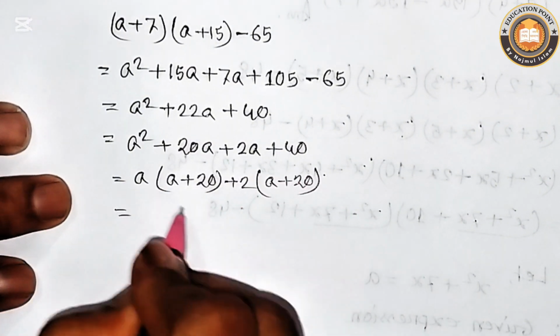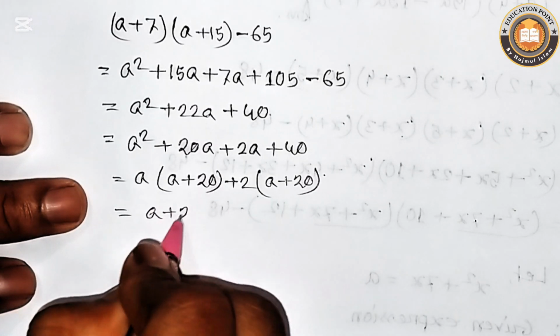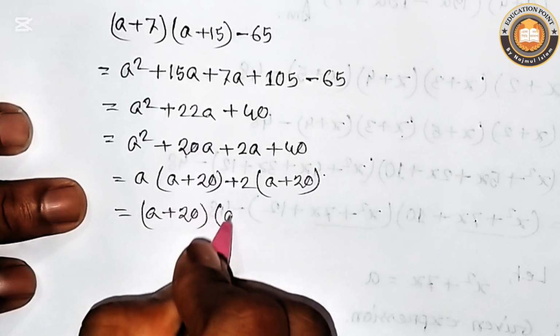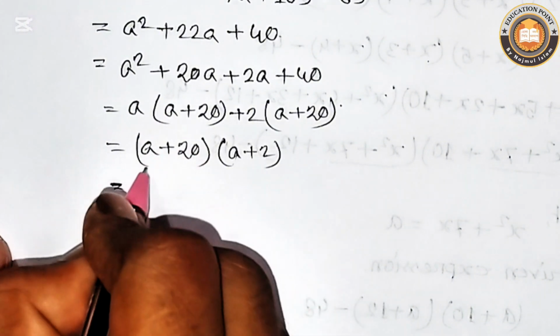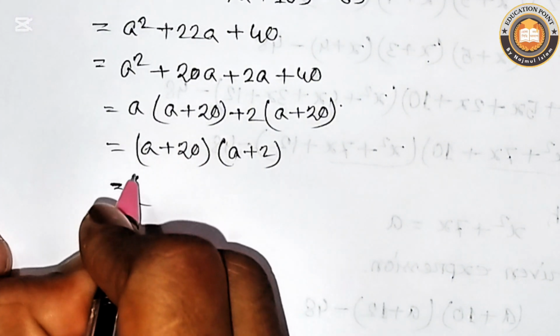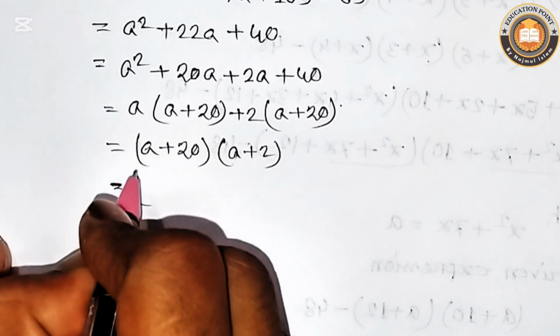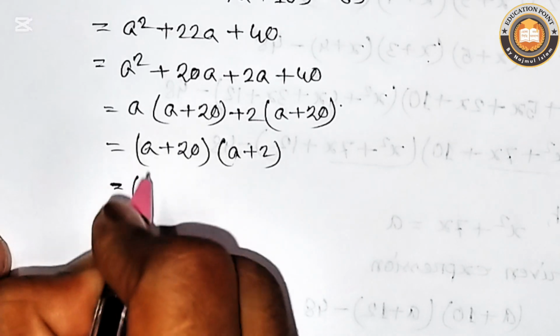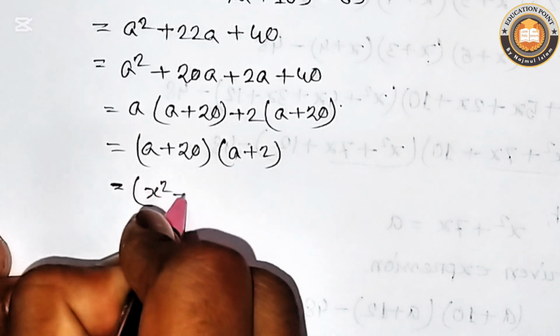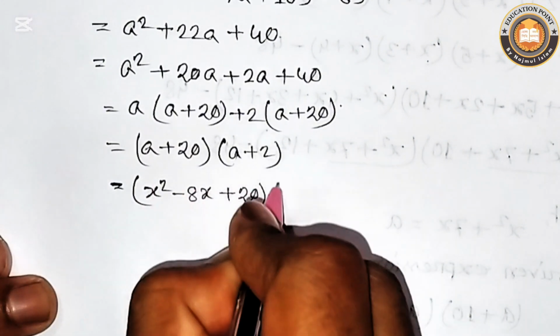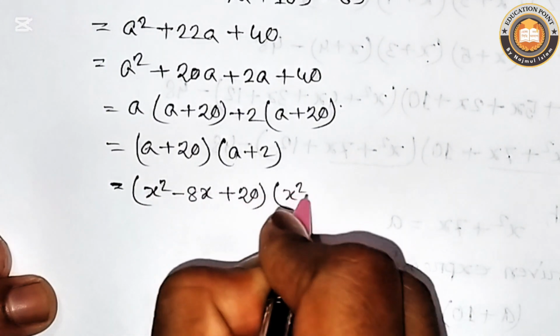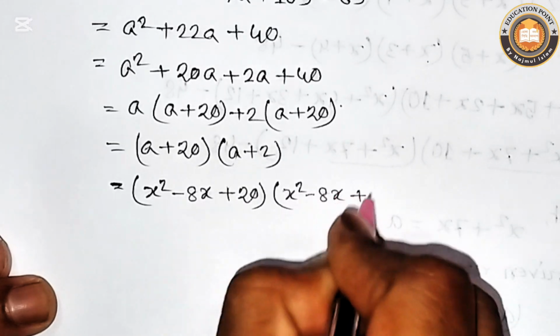This expression common value is a plus 20. Then we can write a plus 2. Now putting the value of a here. Value of a is x square minus 8x, then plus 20 into x square minus 8x, then plus 2.